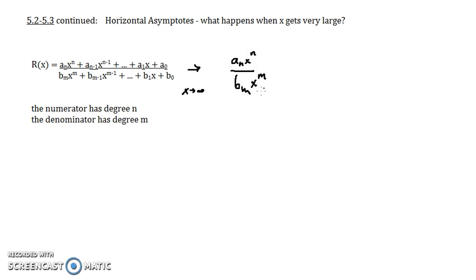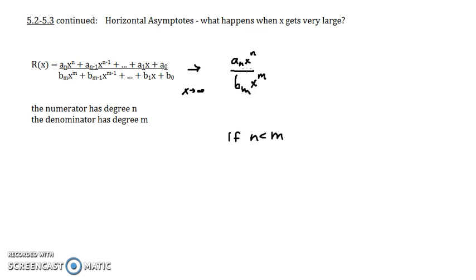So what good does this do us? Well, this simplifies things a little bit. It means that we're really concerned with what these degrees are. So let's see what happens. There are three different cases. If n is less than m, so if the degree on top is smaller, like x squared over x cubed, then when x gets really, really big, the bottom gets bigger and bigger.